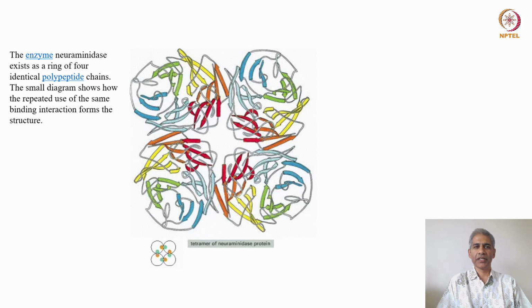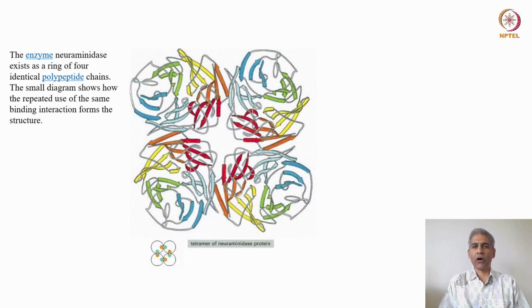So shown here is the example of the enzyme neuraminidase, and this is made up of 4 identical polypeptide chains, and if you look within each chain, you will see that the beta sheet motif is repeated, and if you look at the different colors of the beta sheets, you will see that they form different domains within one particular chain.